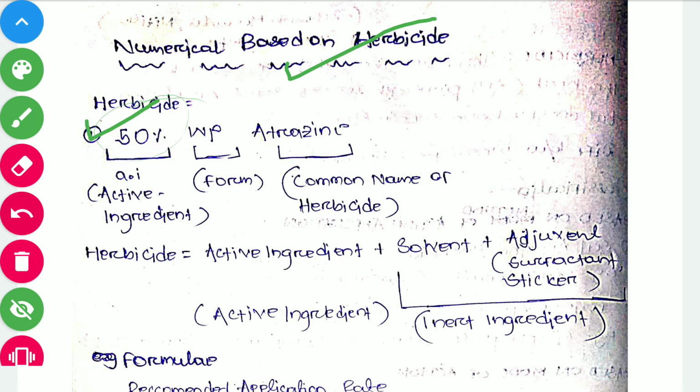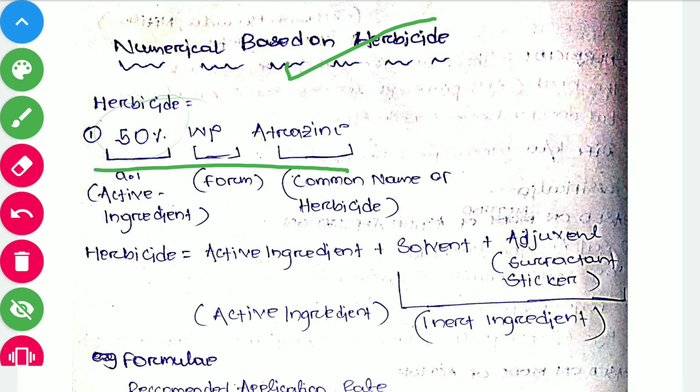Now we will discuss a numerical based on herbicide calculation. When we see any herbicide, there may be written a numerical value, alphabets, and its common name. Here we have taken 50% WP atrazine.